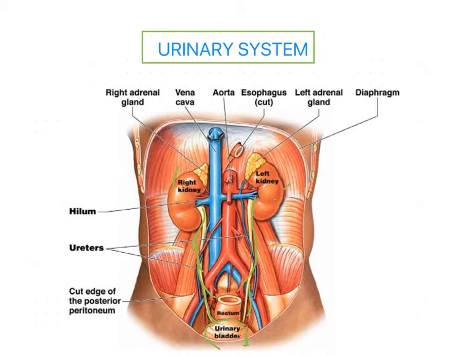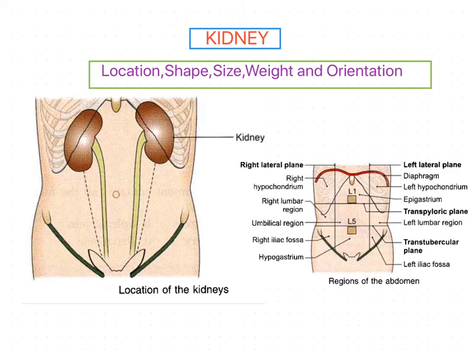First of all, we are going to discuss the kidneys. Here comes the kidney. A synonym of the kidney is renus, which is also called renal; from this word the term renal is derived.